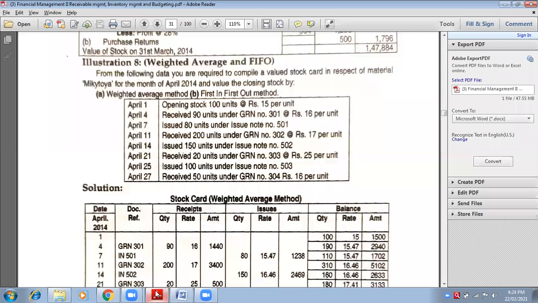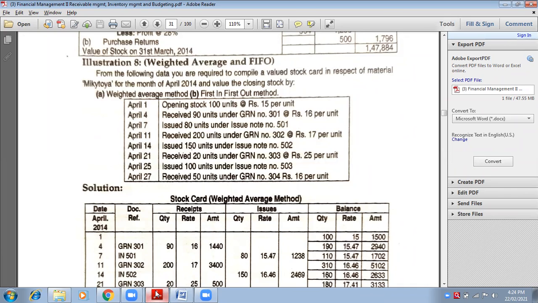Now come to the balance column. First, you had 160 units. Out of 160, 100 units are issued. So how many units are left over? 60 units. So first you have to write 60. You don't have to write the second one first. The first has to be written first only. So write down 60 units, 17 per unit.